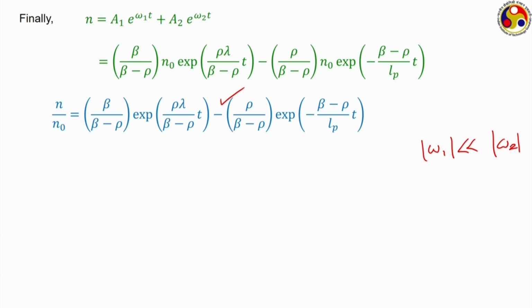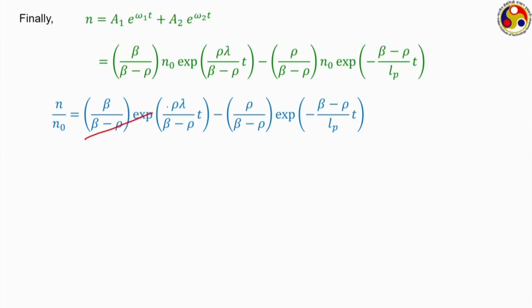And the first one, at least when all the terms inside the brackets are positive, will represent a growing exponential term and the second one will represent a decaying exponential term, but the role of the second one has to be much larger as omega 1 is much smaller than omega 2.